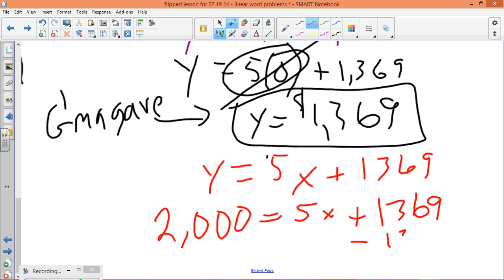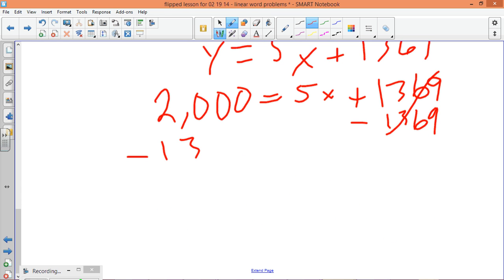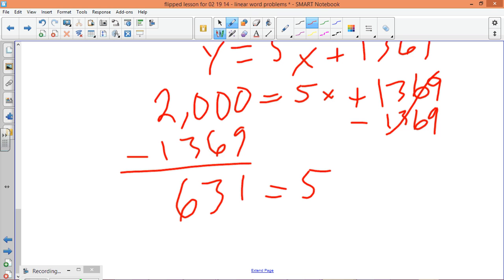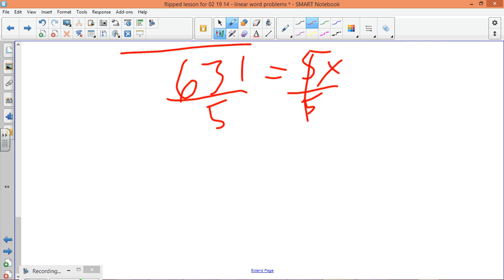So minus 1,369. Minus 1,369. Going to use my calculator again because that's what I do. I get 631 is equal to 5x. Divide by 5. Divide by 5. Use my calculator again. 126.2 is equal to x.